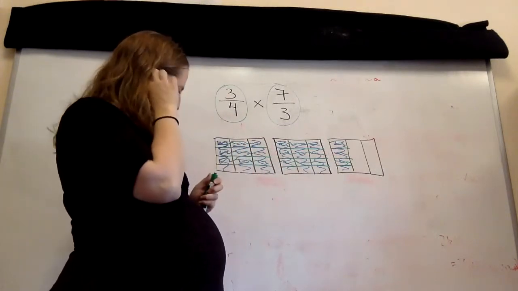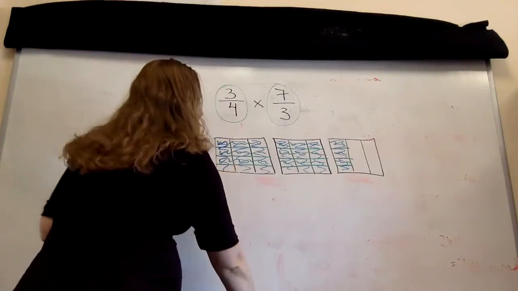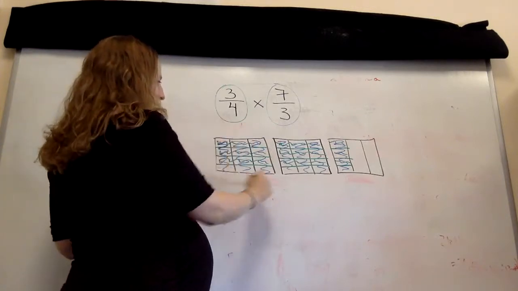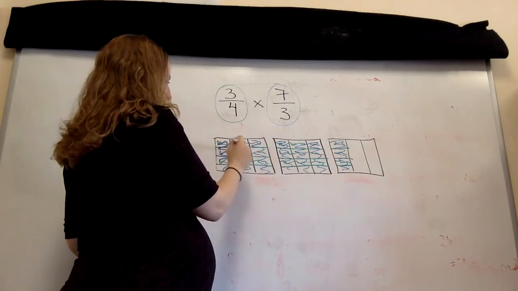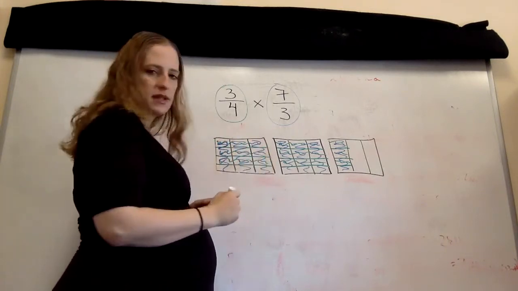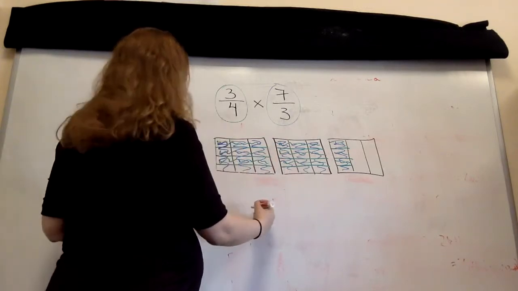But I need to think about what that is all together. Remember that one of these is my whole. My whole has been split into 1, 2, 3, and so on up to 12 pieces. So each of those little rectangles is representing a 12th.